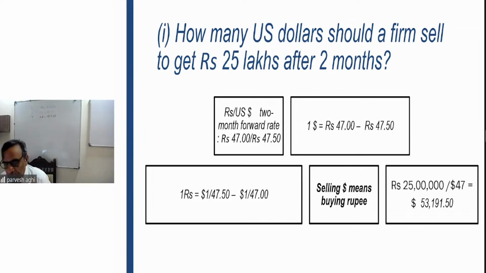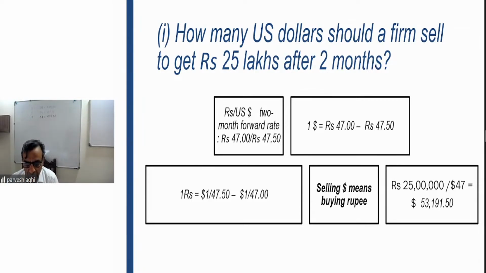Is it clear to all of you? The first question was, how many US dollars should a firm sell to get 25 lakh rupees? That means you are an American firm and you want to sell dollars to buy rupees. So your quote should be in terms of rupees. The quote was in terms of dollars, so first we converted it into terms of rupees.